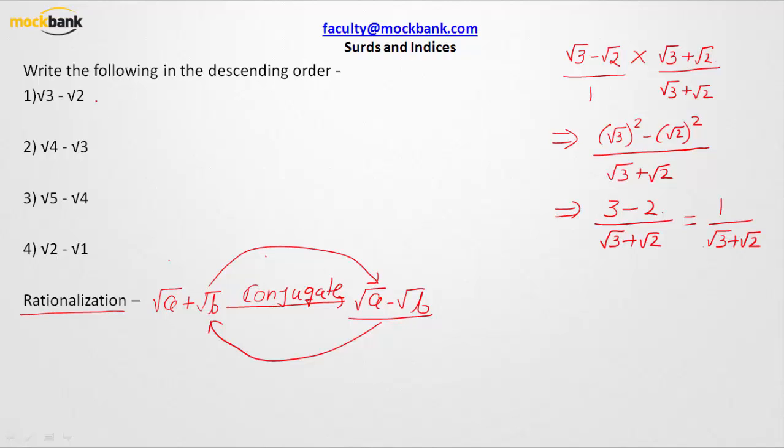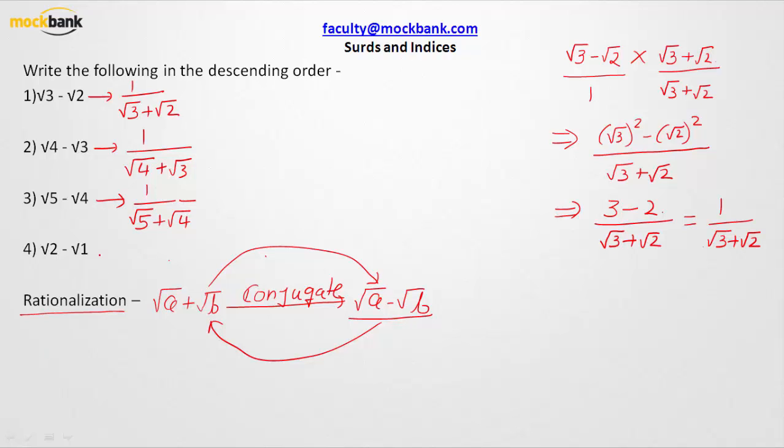So now could you understand that we can write this value to be 1 over square root of 3 plus square root of 2? How about this value? May I say that we can write it to be what? Square root of 4 plus square root of 3? Because this value will become 1 over its conjugate. That is what I wanted to make you understand. This value over here will become 1 over square root of 5 plus square root of 4.